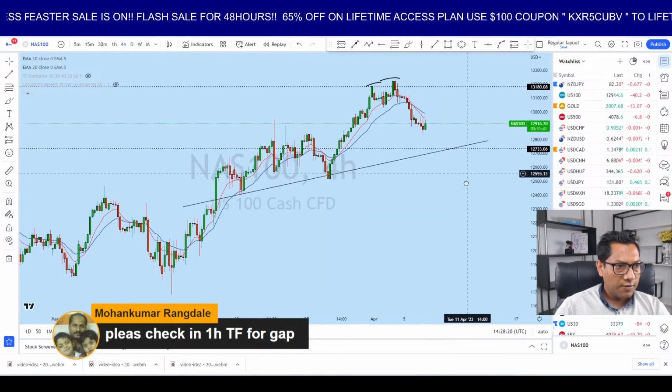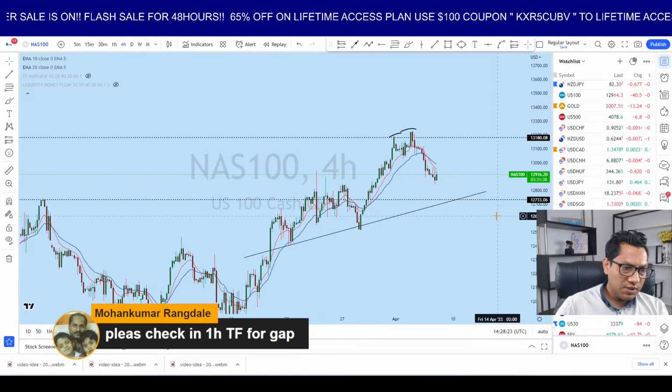Okay, so NASDAQ, US indices have already come to a zone.